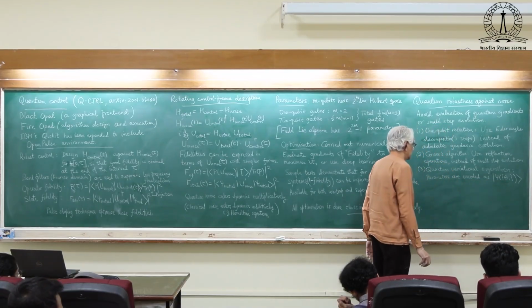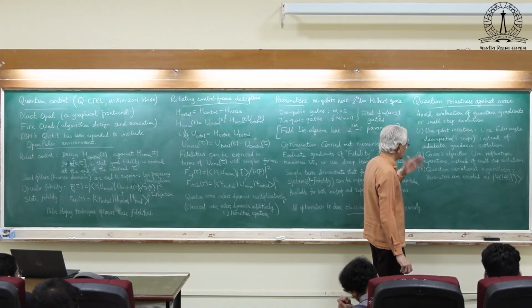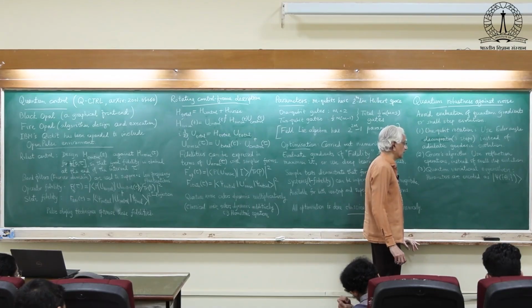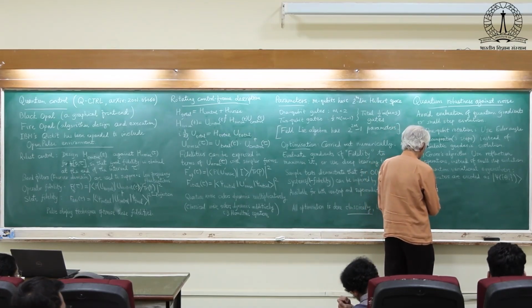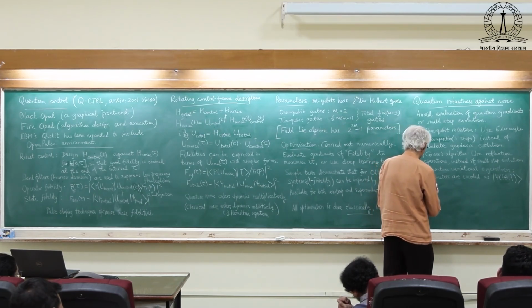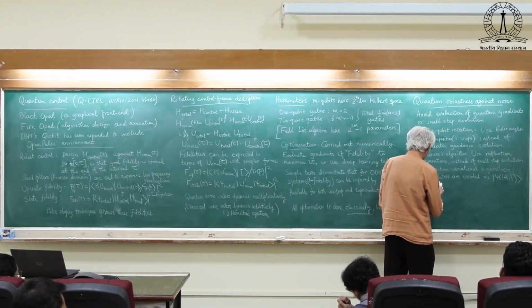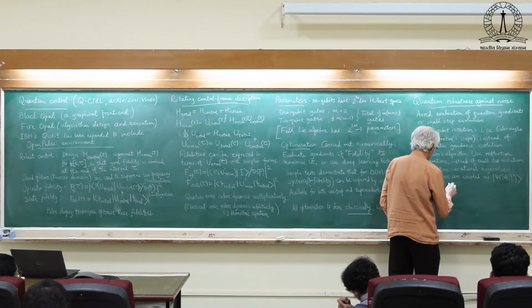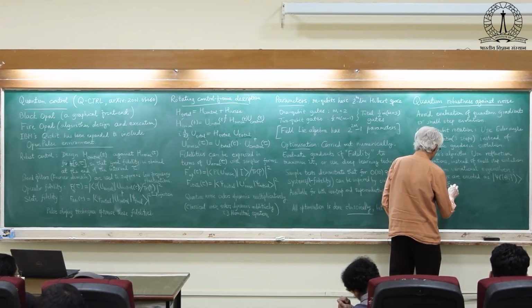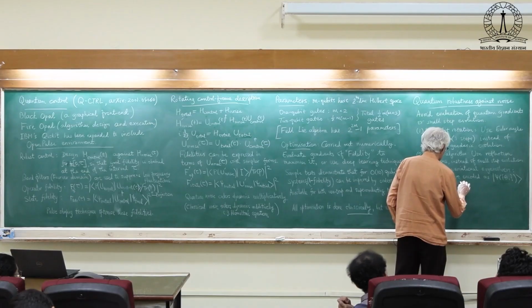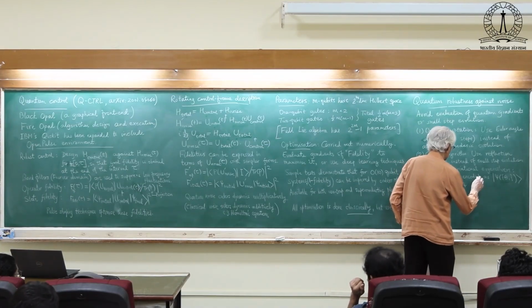What is the object or the target? Here it was fidelity. In variational things, it is the Hamiltonian expectation value. So this is H, and it can have many components.